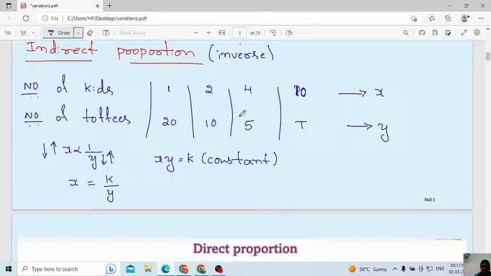Consider any one relation out of 3. You can consider any one. I will consider the first one only. This is the value of x, this is the value of y. Then xy will be equal to t into 10, because these two quantities we have to multiply. Then xy means 1 into 20 will be equal to t into 10. 10 ones are 10, 10 twos are 20, so the value of t will be 2.